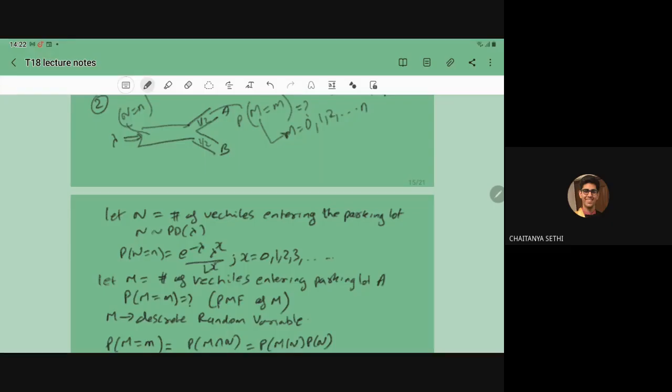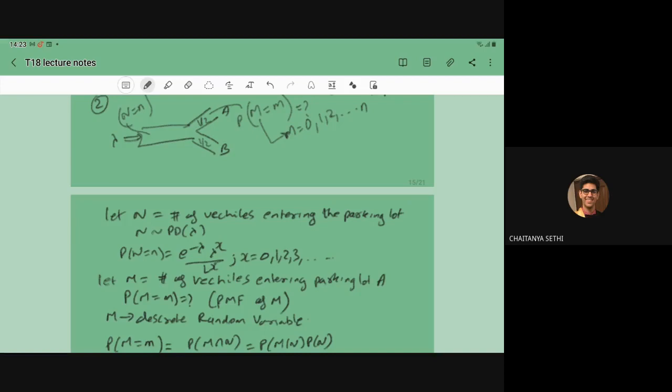Here let N denote the number of vehicles entering the parking lot, and it is given that vehicles are arriving following a Poisson distribution with parameter lambda.